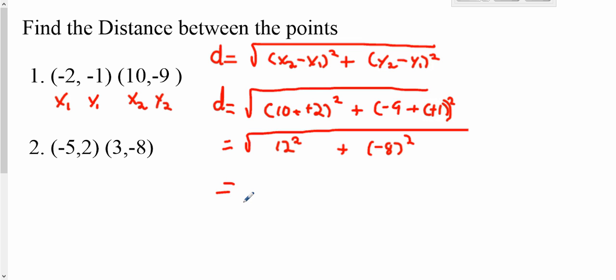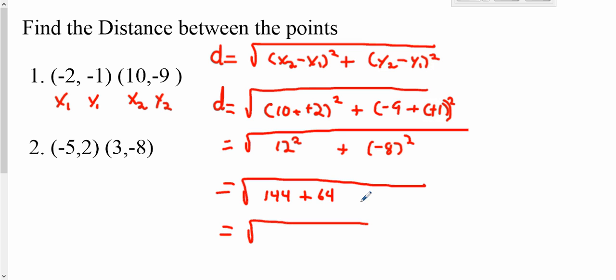Now I know 12 squared is 144, and negative 8 squared is a positive 64. Adding those two together, let's see, I'll do some side work. Looks like I get the square root of 208. Okay, so that is our distance between those two points.